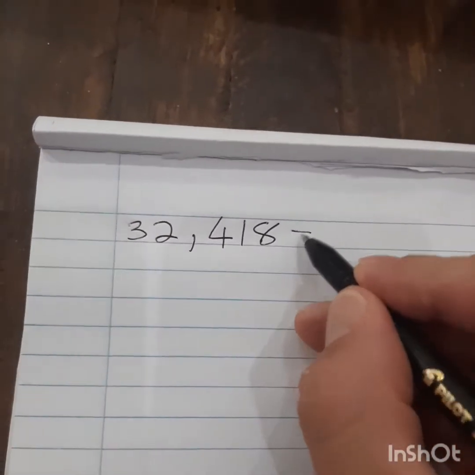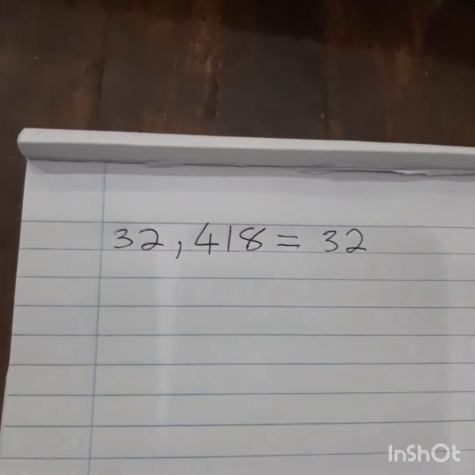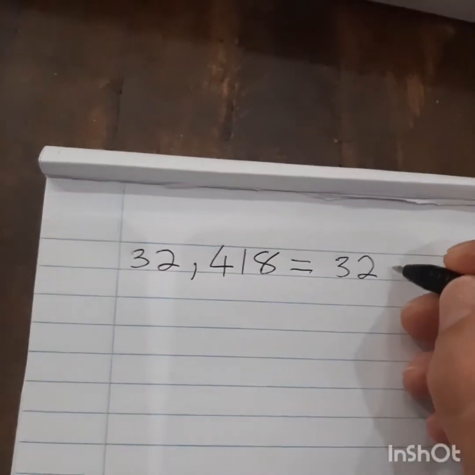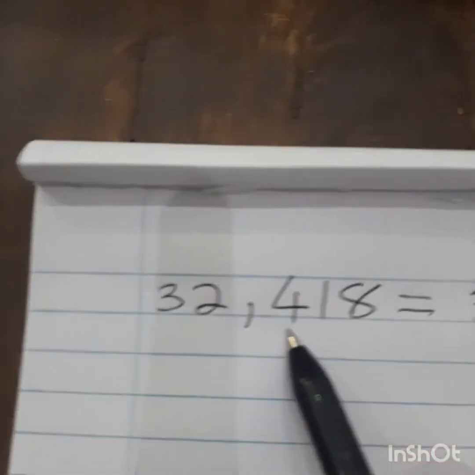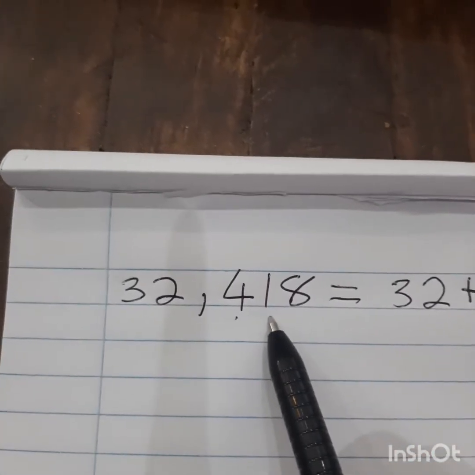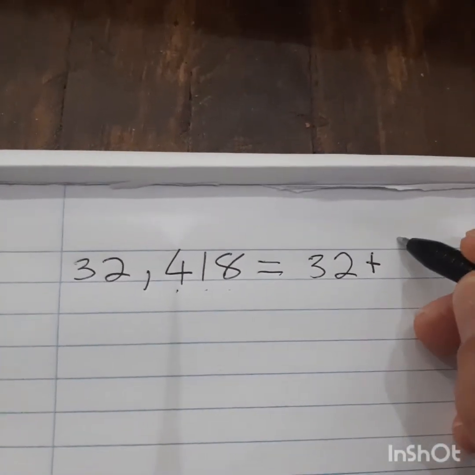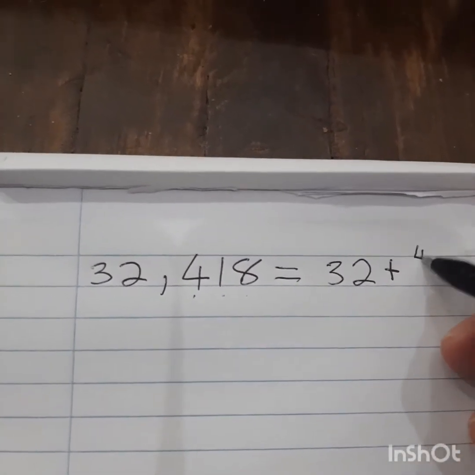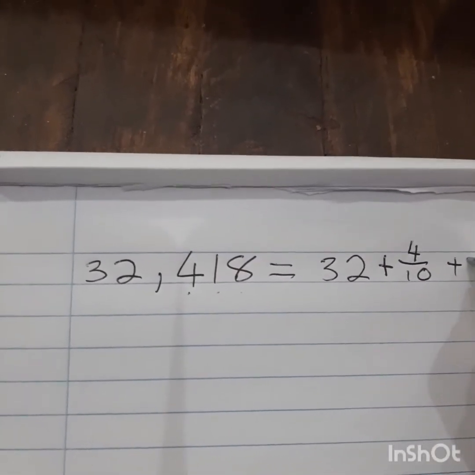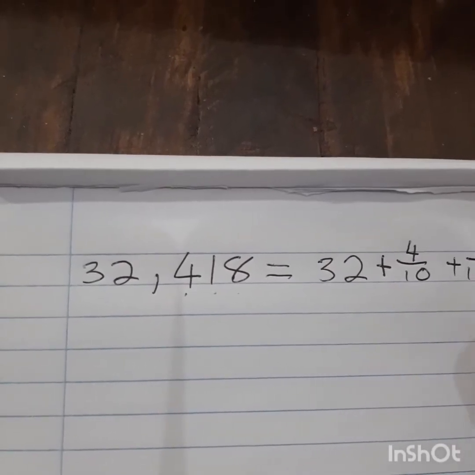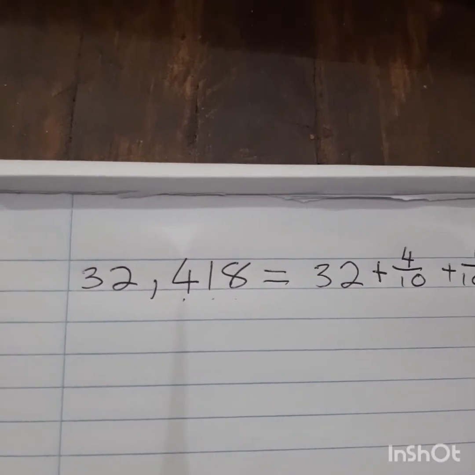So this will be the equivalent to 32 as a whole number plus, that is in the tenths, that is in the hundreds, and that is in the thousandth place. So it's going to be plus 4 over 10 plus 1 over 100 plus 8 over 1,000.